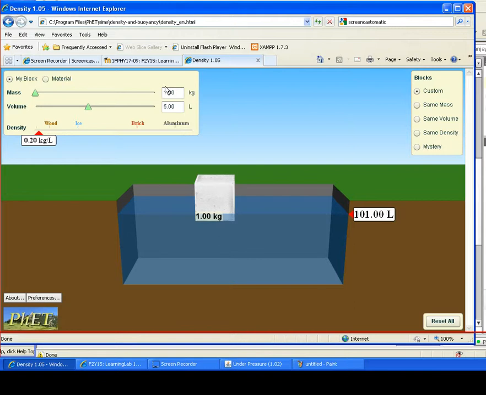Alicia says it will sink a little. Do you mean all the way, or will it still remain partially submerged? Will it submerge fully? What will happen, Alicia? Divyangi, what will happen?